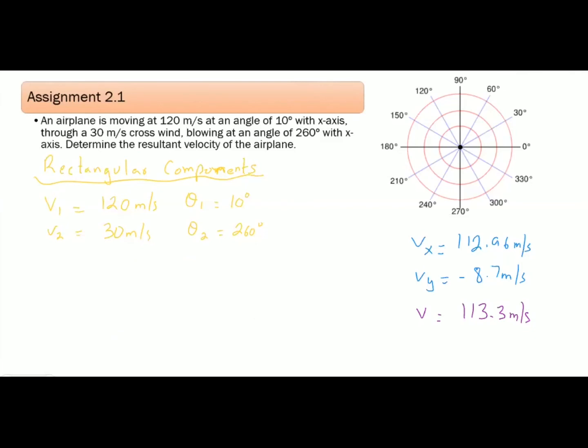And to find the direction of the resultant velocity vector, we will use the tangent ratio formula. Theta equals tangent inverse of Vy divided by Vx. The vertical component of the velocity is minus 8.7, while the x component is 112.96. So theta comes out to be 4.4 degrees with the x-axis.